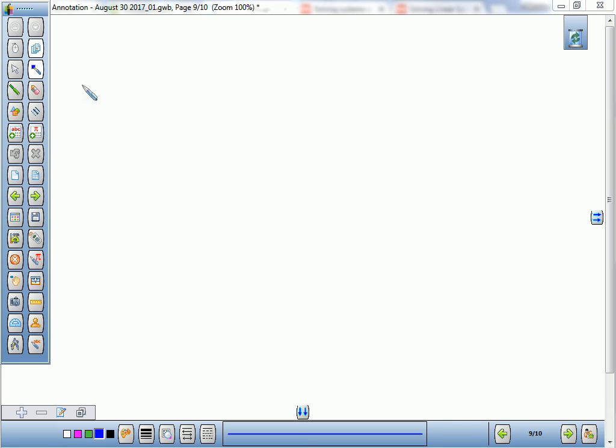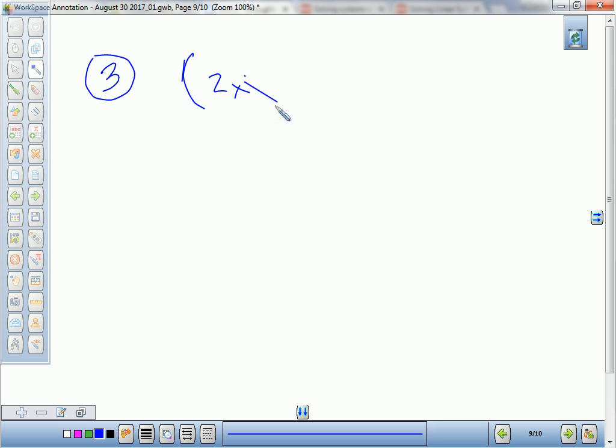All right. So number 3, my dividend is 2x squared, not just x squared. That does not change our process at all. We're going to use the same process. It just means when I bring down that first one, instead of bringing down a 1, I'm going to bring down a 2.